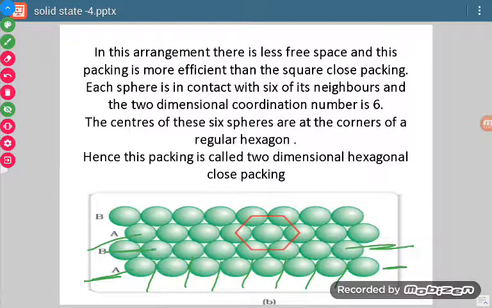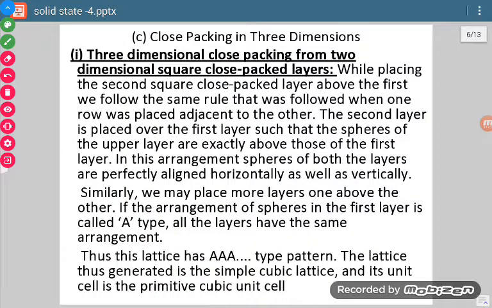So in this way there will be 6 atoms which are in touch with the given atom. So the coordination number in this case will be 6. The previous one had coordination number 4. The previous one was called square close packing in 2 dimensions and this is called hexagonal close packing in 2 dimensions. Here we have talked about 2 dimensions only.